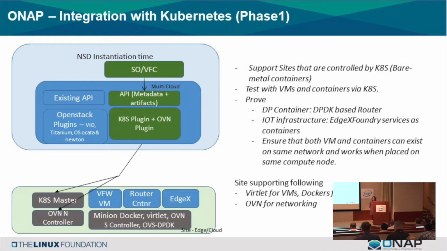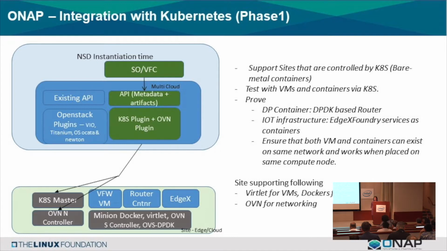We're going to add a Kubernetes plugin there, and what you will get from SO is some metadata and some artifacts for Kubernetes containers that need to be run. For Casablanca, we are only going to support YAML files. We'll get those YAML files from SO, and the plugin will be the one actually talking to the local Kubernetes deployment and deploying these containers on it.